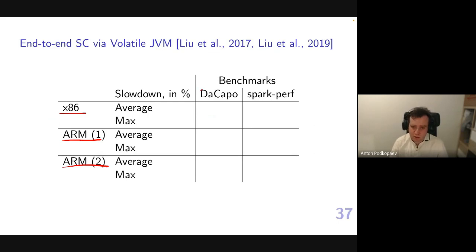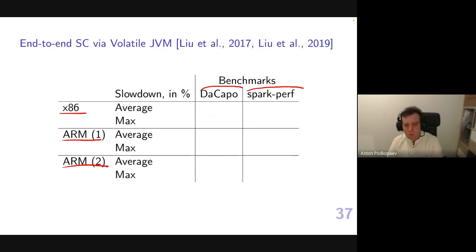The first one is the Kappa benchmark, which includes many big programs written in Java, for example Jython, the Java Python compiler. And the second set of benchmarks is Apache Spark performance tests.